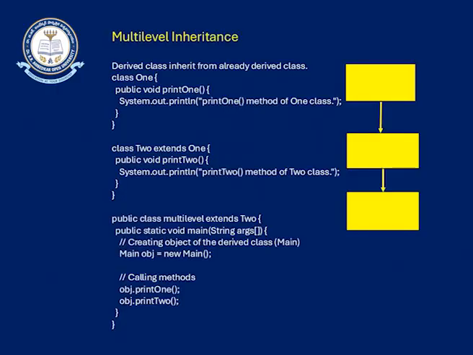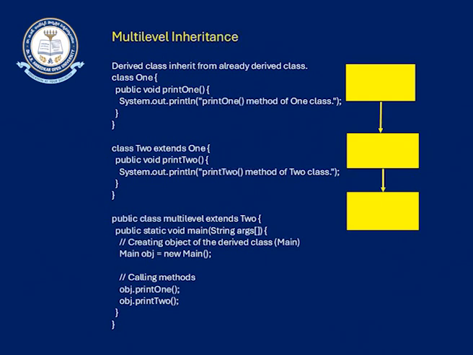Now, the example given in this slide: ONE1 is the base class. From there I am extending into 2. Now, 2 is the child class, 1 is the base class. Now, when I am creating a new class called Multi-level, that is called multi-level inheritance.